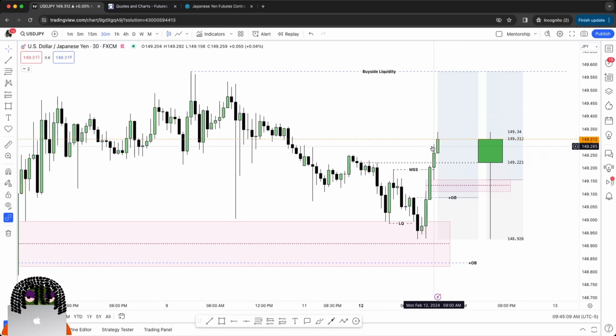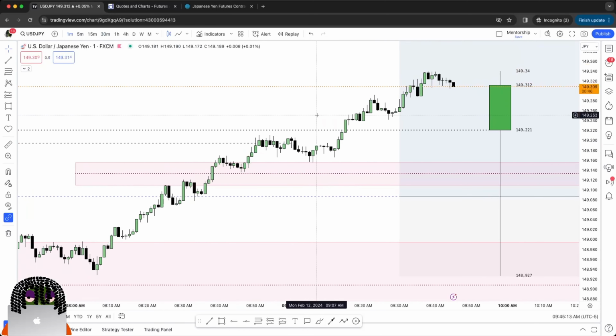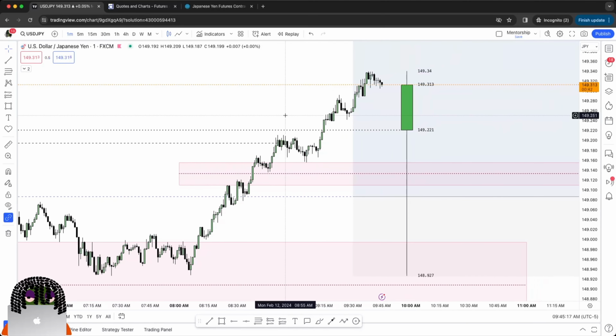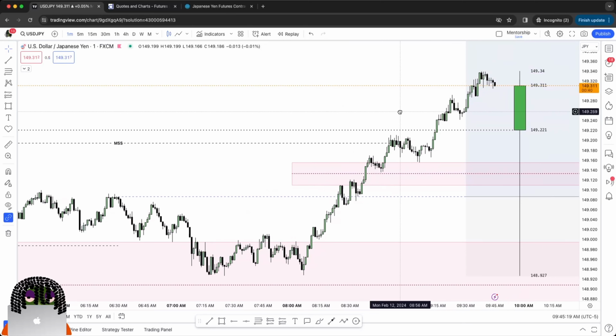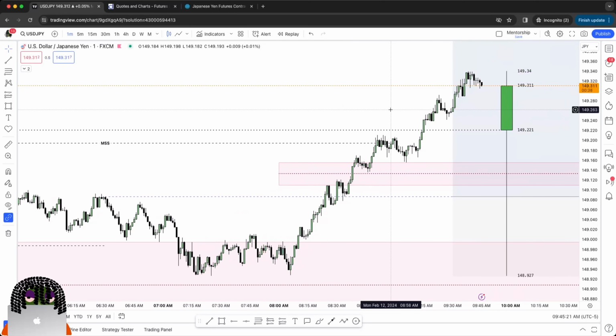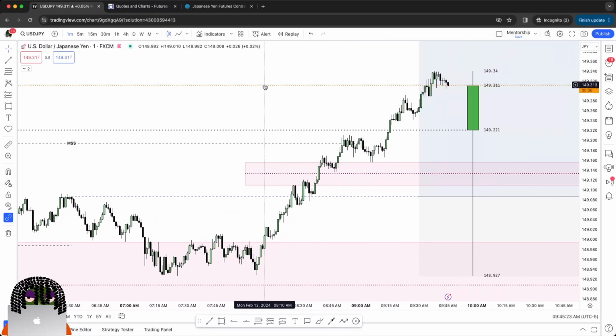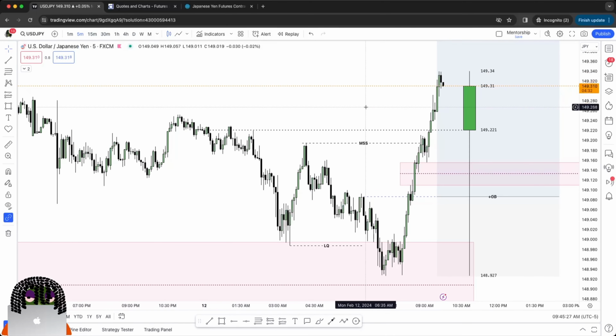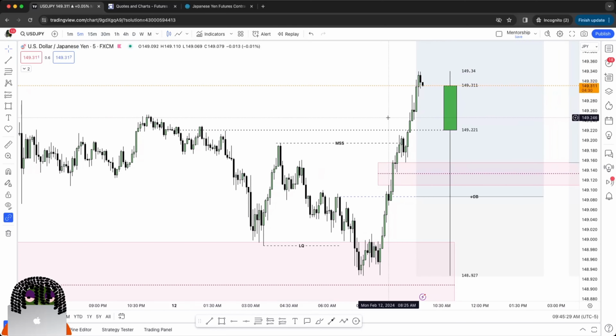Let me go down to the 1 minute so you guys can see how that looks. All right, this is how the 1 minute looks. Not really doing too much. Right now, this setup, I really like this setup, right?